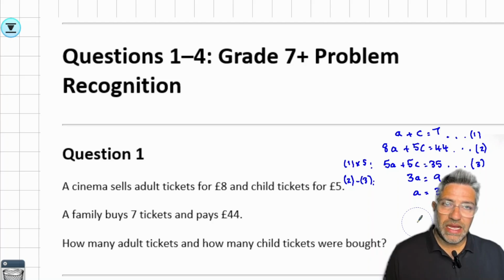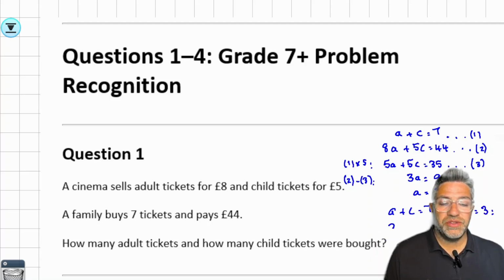We now need to find out the number of child tickets. I can take any of these equations to substitute into, but I think everyone will agree equation 1 is the most straightforward. a plus c equals 7, but we've just worked out that a equals 3.